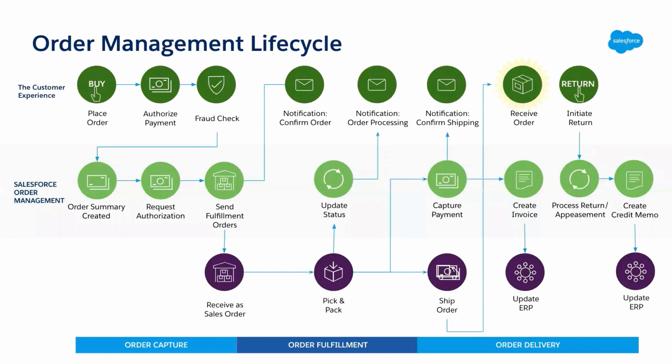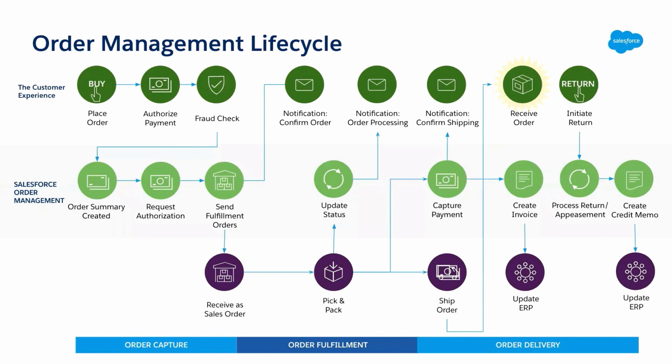So here's a look at the order management lifecycle. As I mentioned, the expectations that shoppers have are pretty simple. Place an order, it gets mailed, and then we receive it. Simple, right? Not exactly. There are a lot of fulfillment steps that snowball into effect once a shopper clicks the buy button. And that's precisely what we're talking about when we mention empowering brands to power amazing post-purchase experiences.